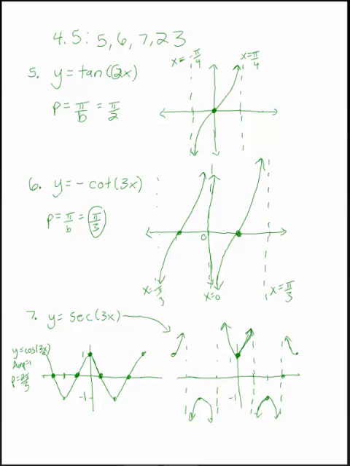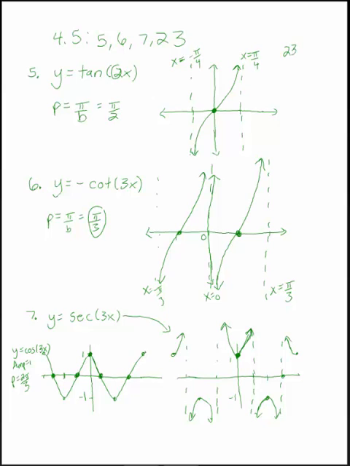Now the last problem that I have on here, 23, let's see if I can squeeze it on this page without going to another page. It says, describe the transformations required to obtain the graph of the given function from a basic trigonometric graph. So I can actually squeeze in 23 here.